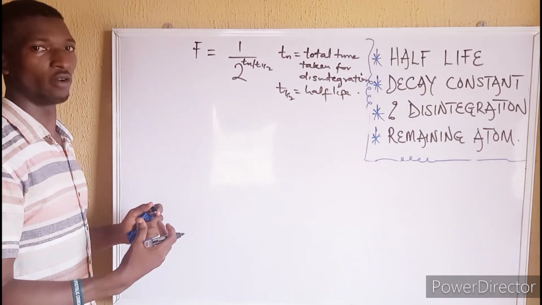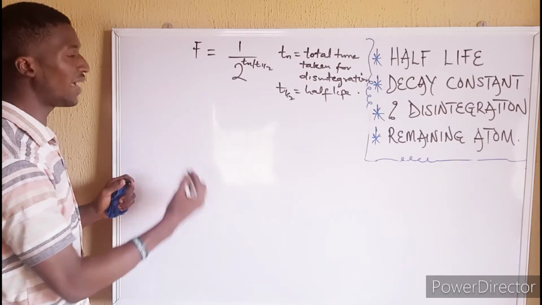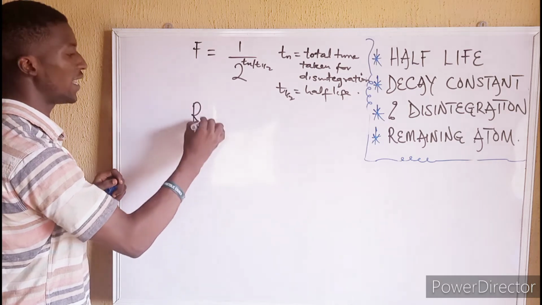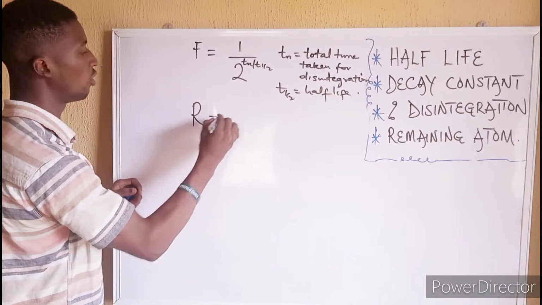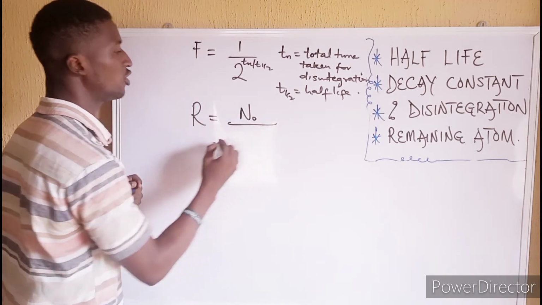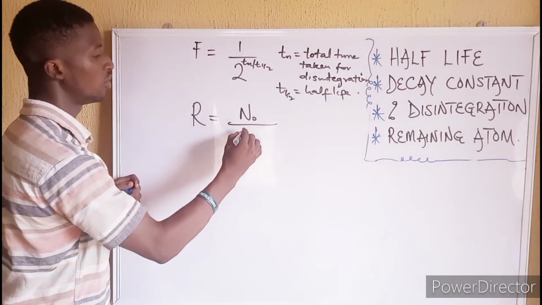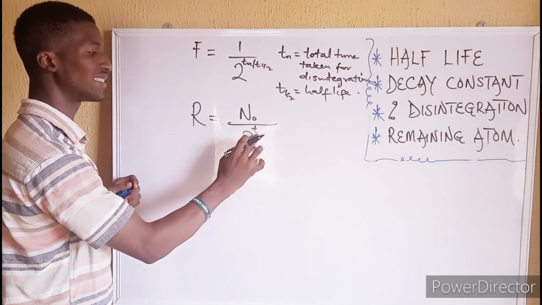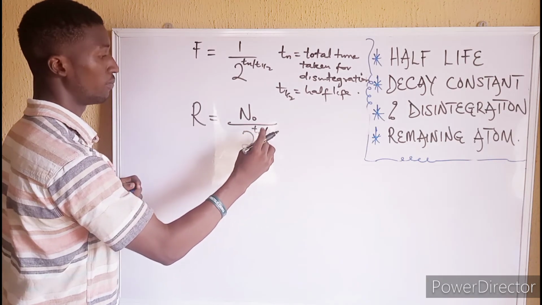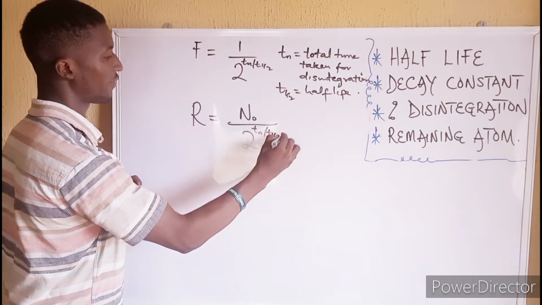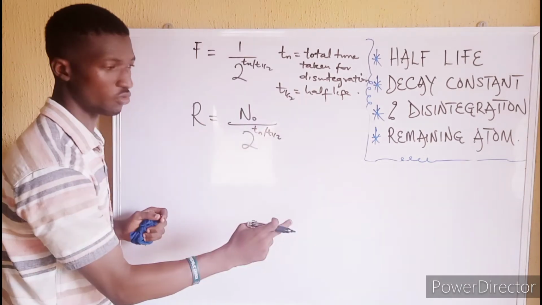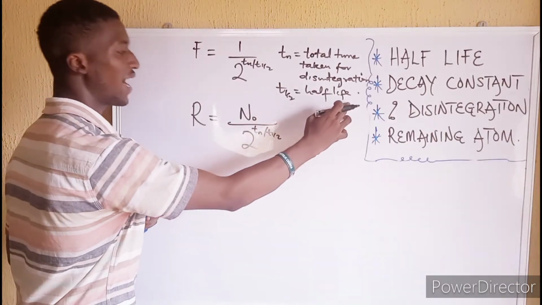In other way round, they can ask you to determine the remaining number of atoms. The remaining number of atoms here after disintegration is equal to N0, which is the total number of atoms before disintegration, divided by 2 raised to power Tn divided by T half, where you have it already that your Tn is the total time taken for disintegration and your T half is the half-life.